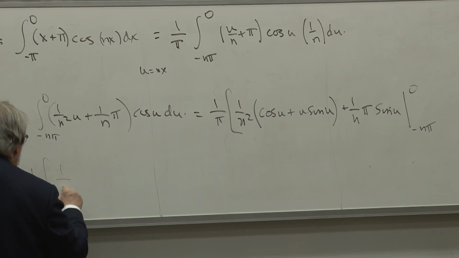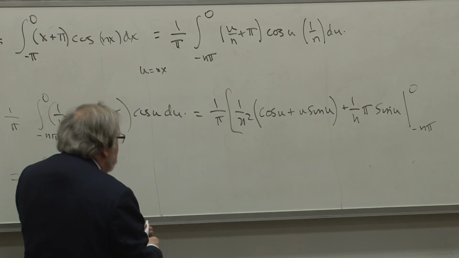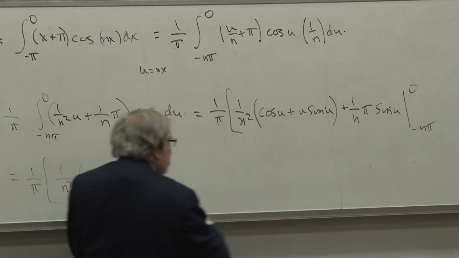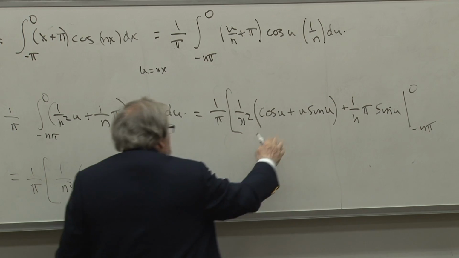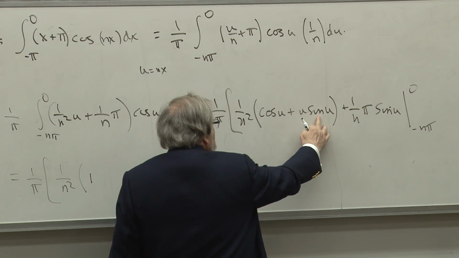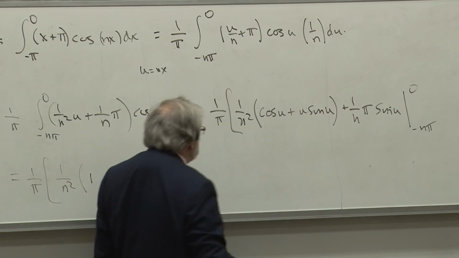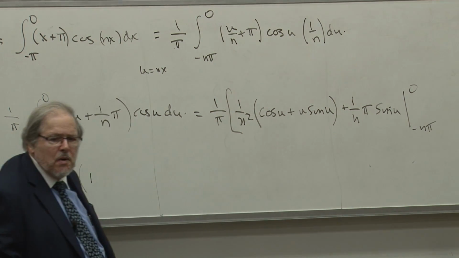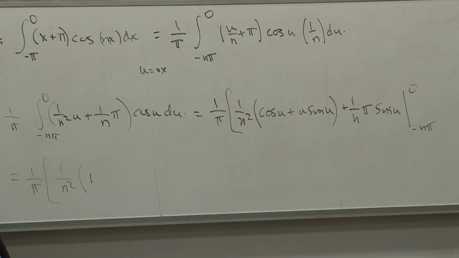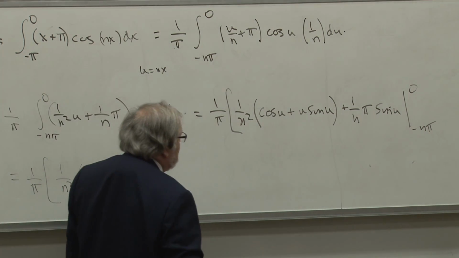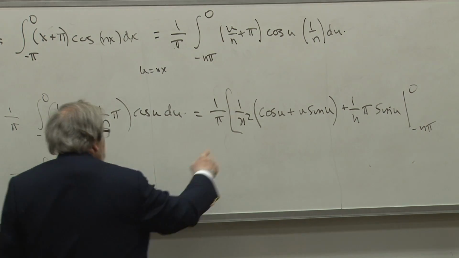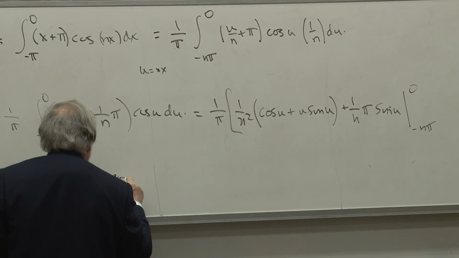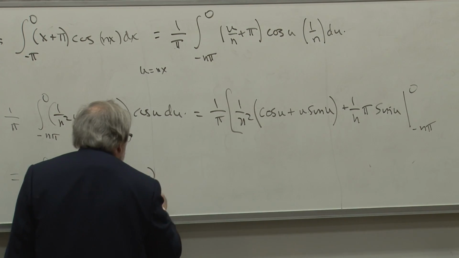Okay, so 1 over n squared. At the upper limit, cosine of 0 is 1. Sine of 0 is 0. So at the upper limit, I have 1 over n squared times 1. At the lower limit, at negative n pi, I've got a negative cosine of negative n pi.